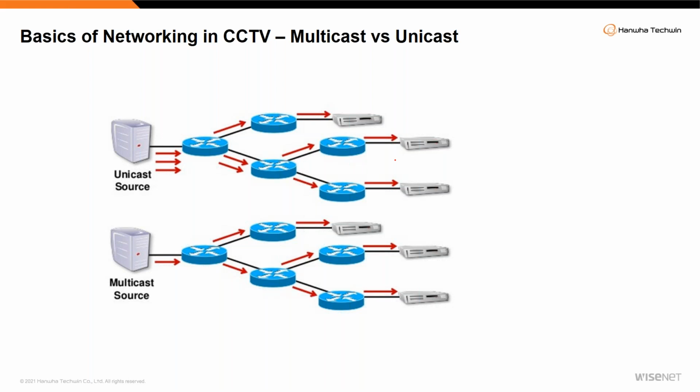Okay, what is the meaning of the word unicast? Unicast means every time a recorder or an operator is asking for a video, let's say operator 1, operator 2, operator 3, or any time there is a demand to view the camera, to record the camera, it will take the stream directly from the camera.